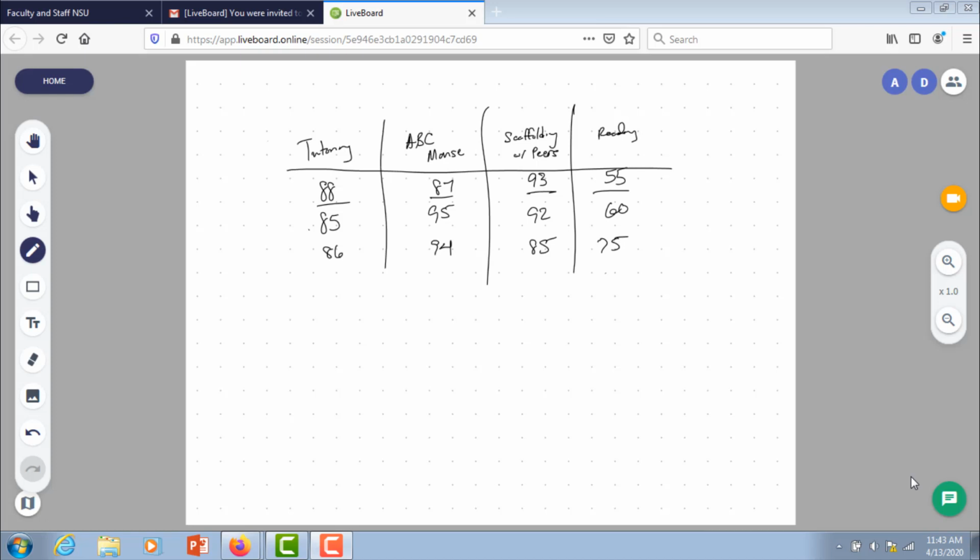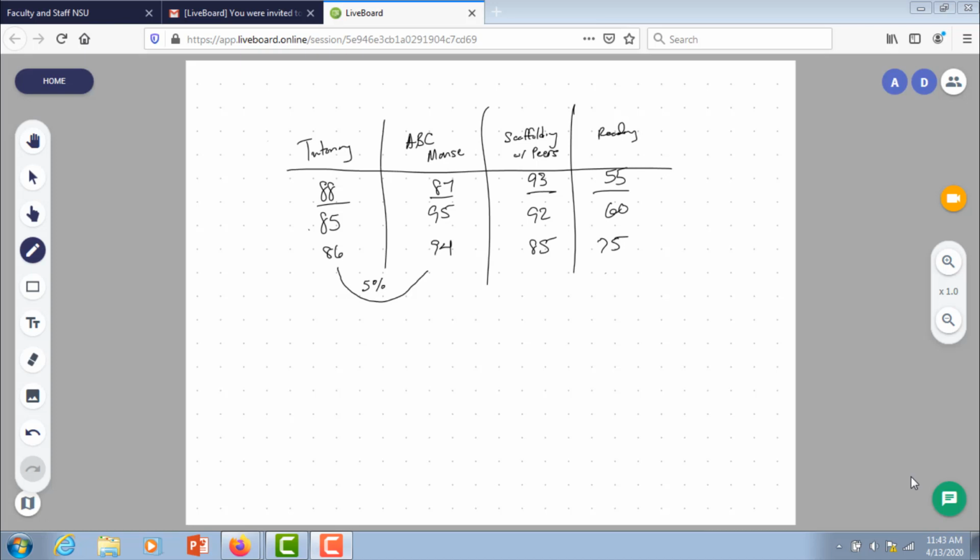Now, let's say we wanted to use a 2-sample t-test to assess significant differences across these groups. Here's what would happen. As the researcher moved to assess a significant mean difference across tutoring and ABC mouse, they would have to take into consideration that 5% error rating, or that 5% alpha level.